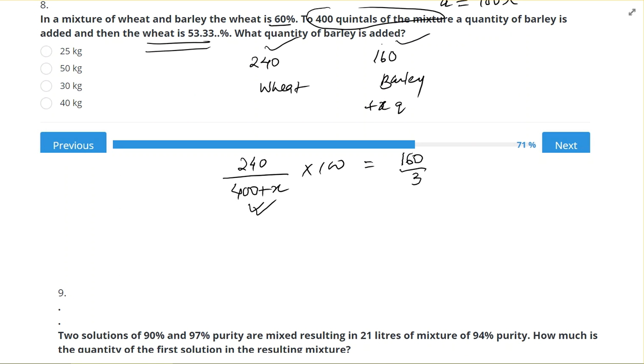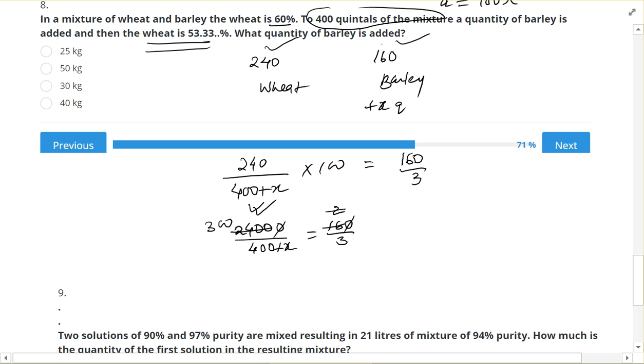Now let us calculate. 24,000 upon 400 plus X is equal to 160 by 3. 8 twos are 16 and 8 threes are 24.